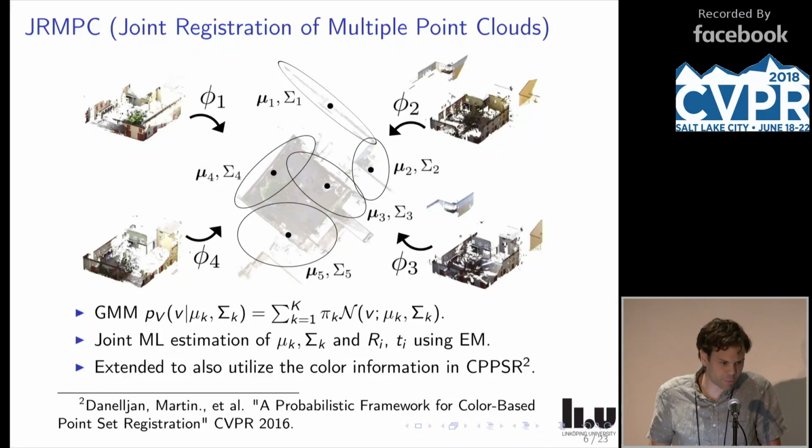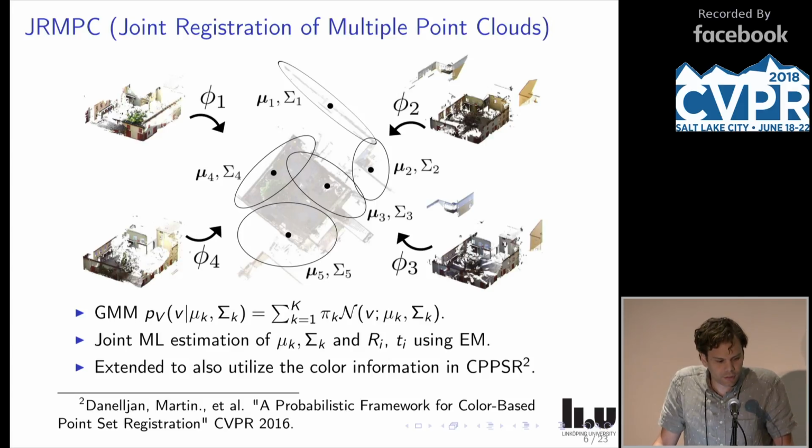I'm going to briefly explain how JRMPC works on this slide. JRMPC stands for Joint Registration of Multiple Point Clouds. Differently from most ICP-based methods, JRMPC naturally generalizes to multi-view registration. This shows basically how the algorithm works. In this example, we have 4 point sets that we intend to register.